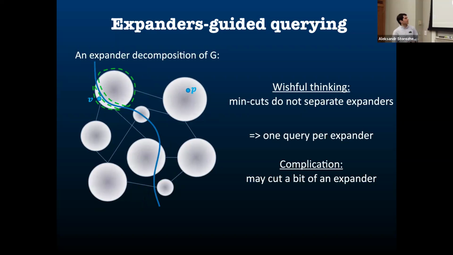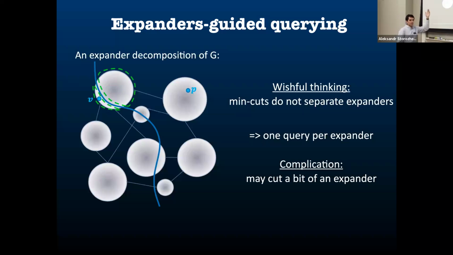One complication that arises is that, of course, you can cut expanders. You can cut them a little bit. Sure, you're not going to go in the middle of an expander and cut. That's going to be terrible. But taking some small number of nodes, it actually might happen. Expanders are not perfectly clean. There are always these error terms.